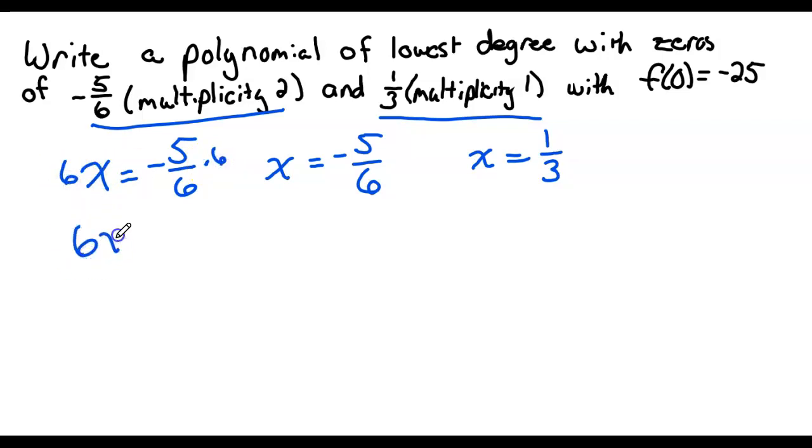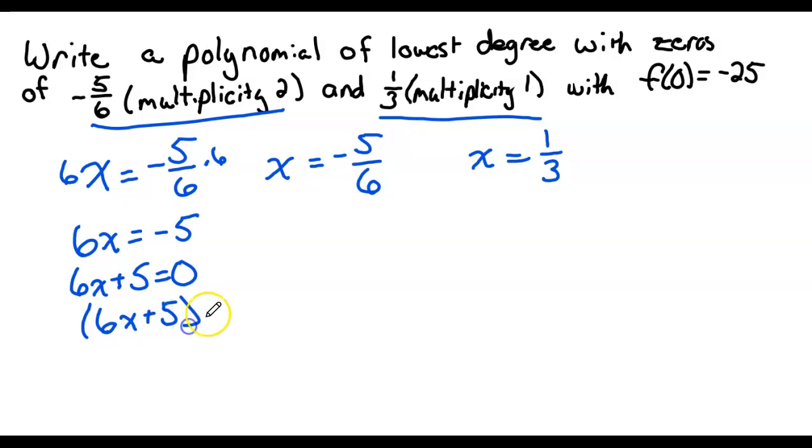So I'm going to get 6x is equal to negative 5. And then I'm going to add the 5 to both sides. So I get 6x plus 5 is equal to 0. So in other words, this is going to look like that before we set it equal to 0 and solved it and got our x equals.